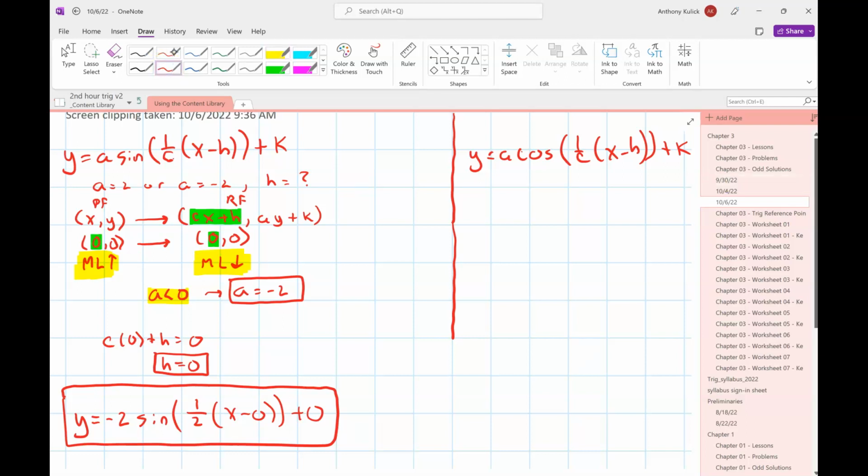Let's do the same thing now for our cosine graph. Here's the nice part about this.